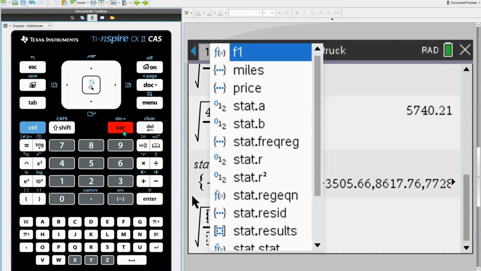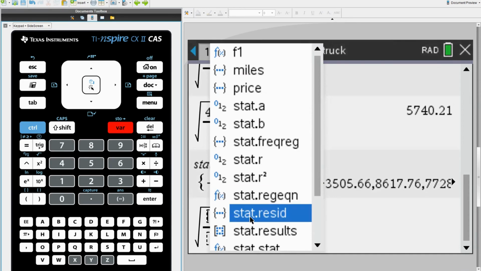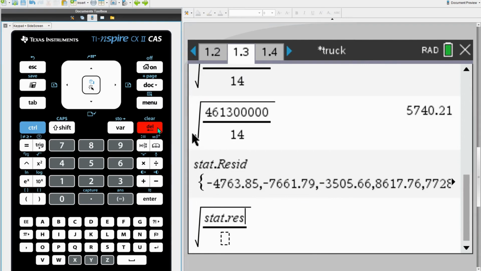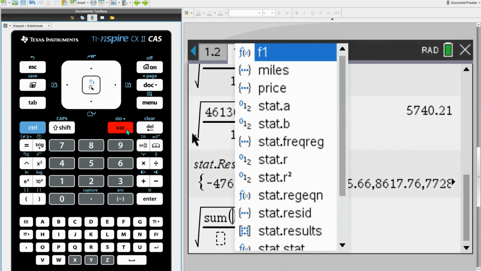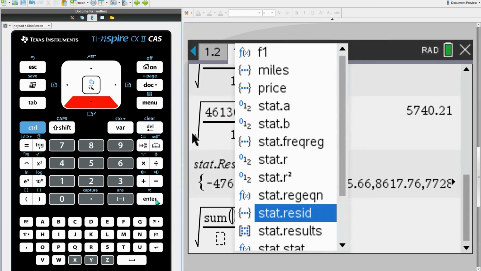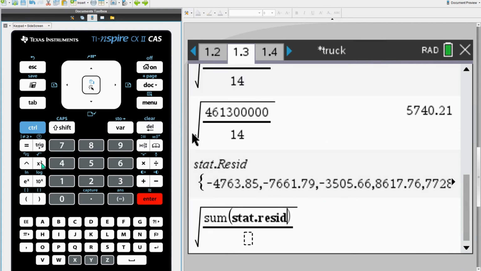I'll go to vars, I'll go down and choose stat resid, I'll type in the word sum, parenthesis, then I'll go to vars and choose stat resid, and then I will add a squared onto it.